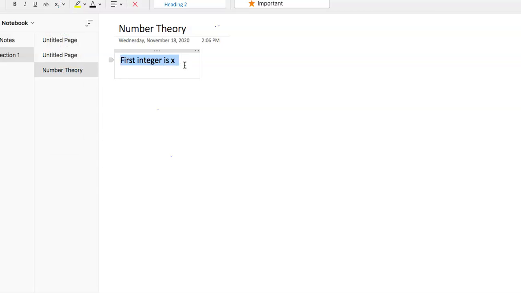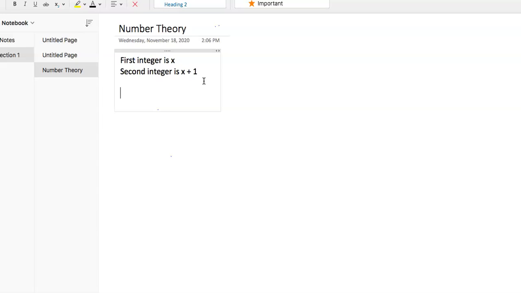So you're setting up consecutive integers. It's always going to say something like 3 consecutive integers total, or 2 consecutive, or 4 consecutive integers total some number, and then you're supposed to solve for what they each are. The first integer is x. Second integer is x plus 1. The third one is x plus 2, and so on.